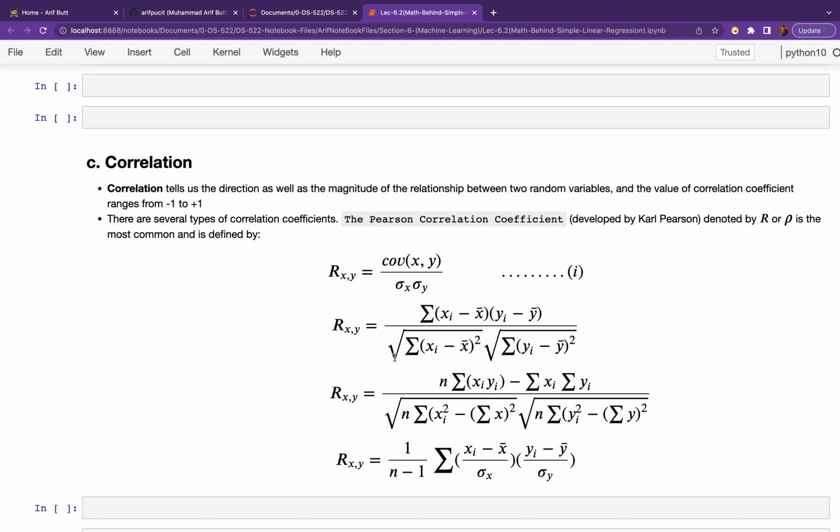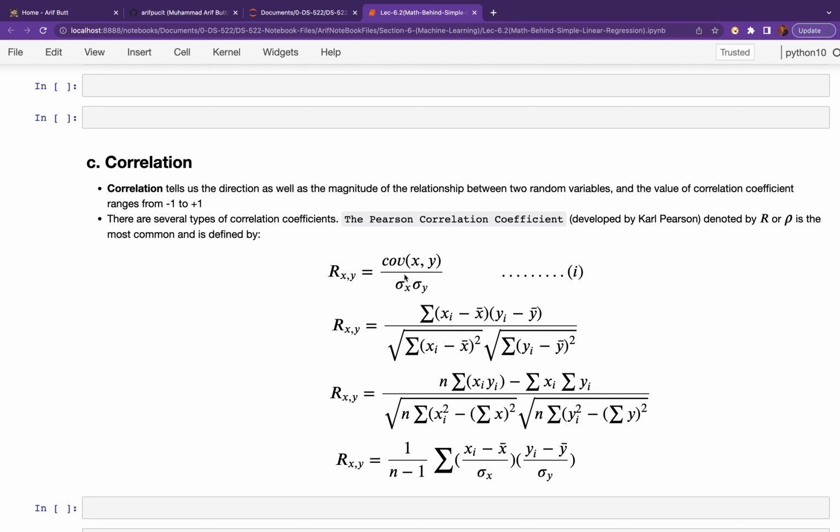And this correlation coefficient was developed by Carl Pearson. It can be obtained by, of course, normalizing the covariance, that is dividing the covariance of xy by the product of standard deviation of x and standard deviation of y. And this is shown over here in this equation 1.